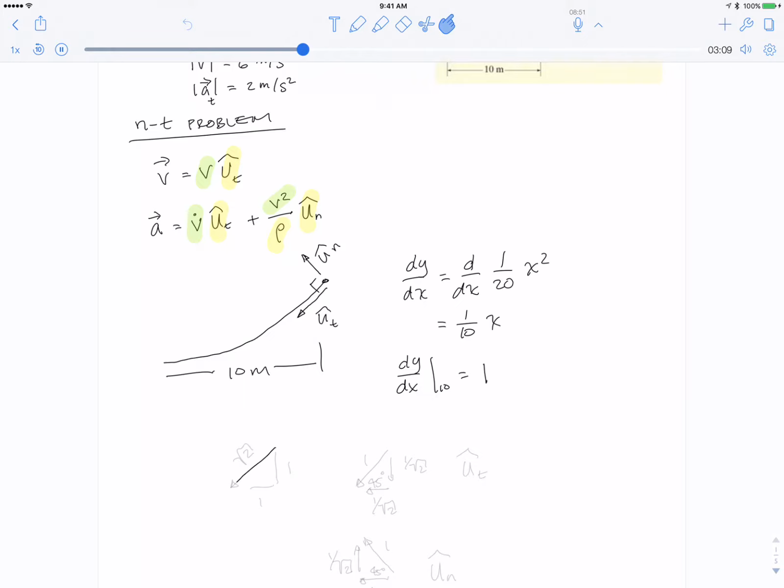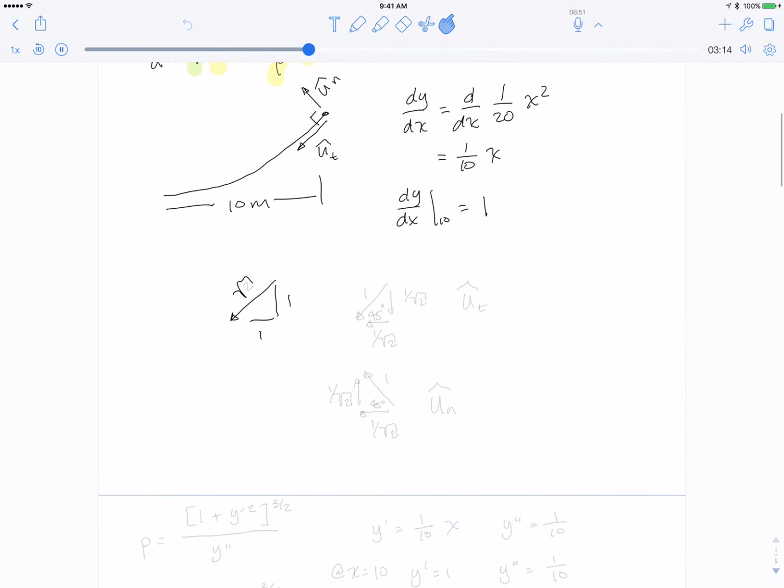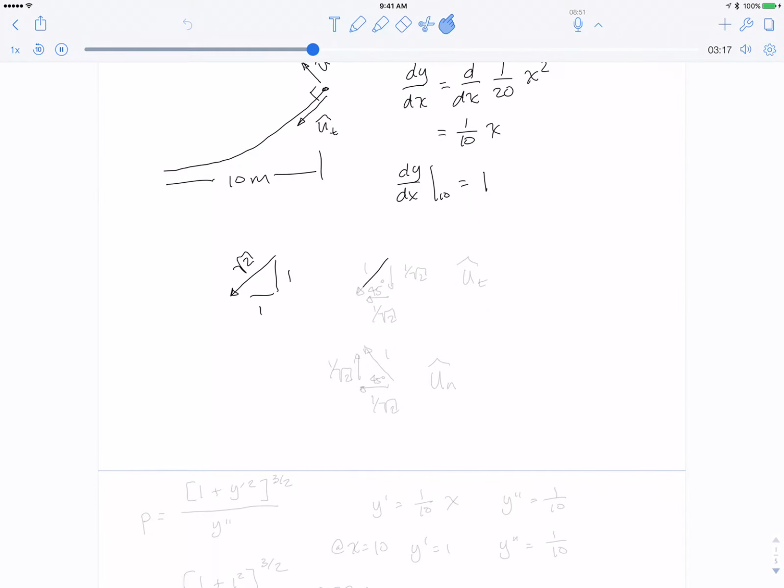So let me do that. 1 to 1. That would make this length root 2. So the unit vector has a length of 1. And so it has 1 over root 2 as its x and y components. That's u tangent.